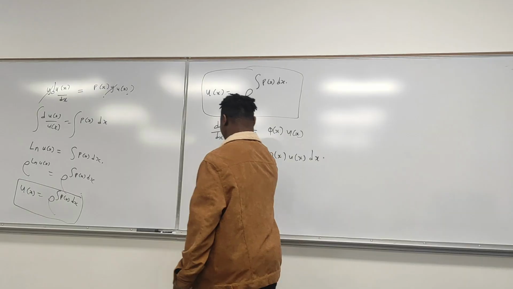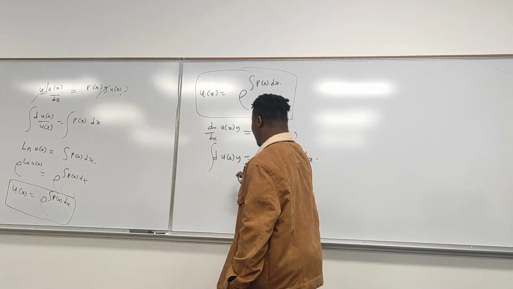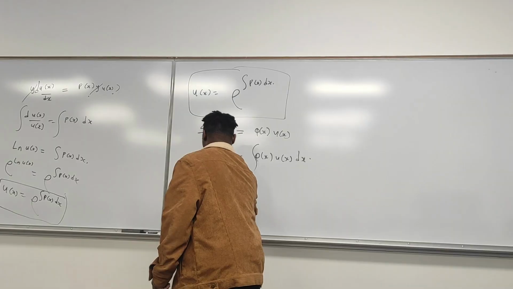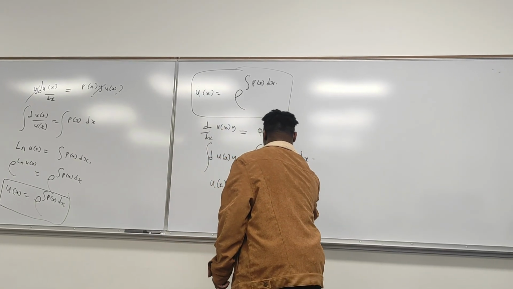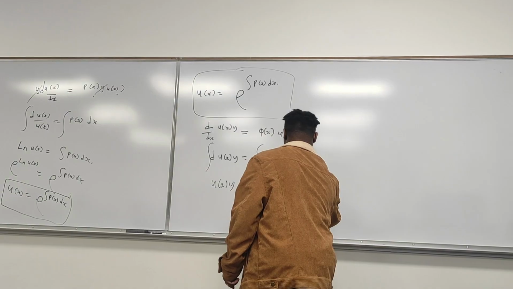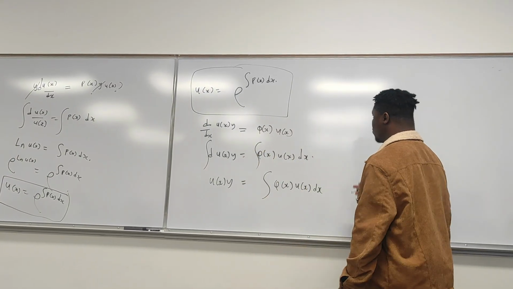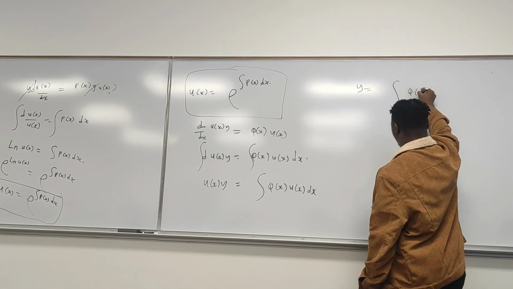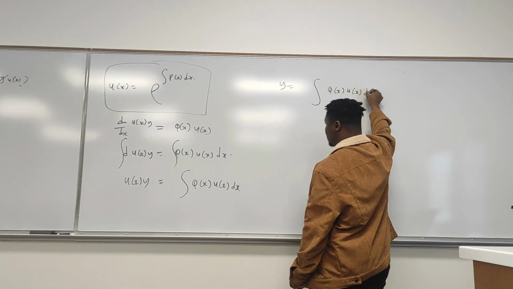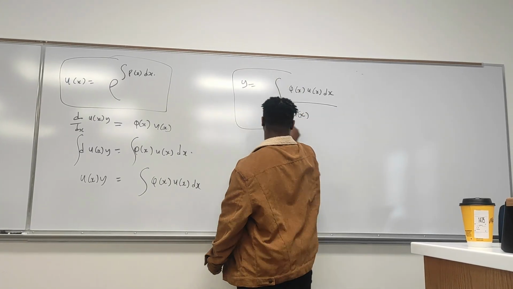So if we do direct integration of both sides, if you integrate d of u of x y, d goes away, becomes u of x y. This one becomes integral q of x, u of x dx. Right? So y is our solution, which is what we're looking for. Our y becomes integral q of x, u of x dx divided by u of x. So this is our solution to the differential equation.